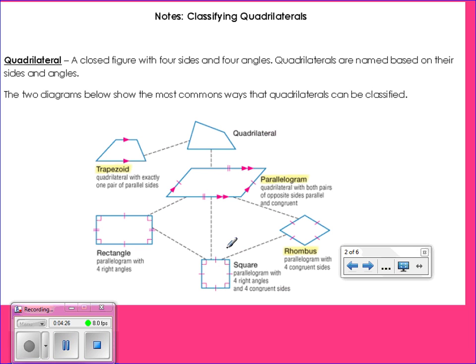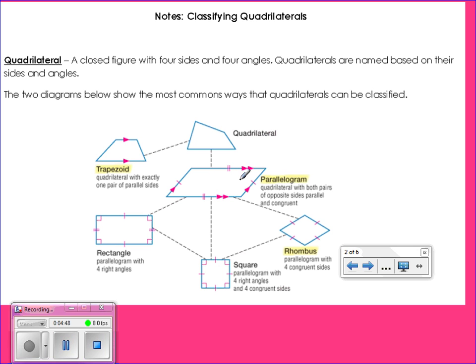Okay? And then if you take a square and you kind of squish it down a little bit so that the angles aren't 90 degrees anymore, you have a rhombus. All four sides are still the same length, but the angles are not 90 degrees anymore. So that's a rhombus. The rectangle, the square, and the rhombus are all kinds of parallelograms.